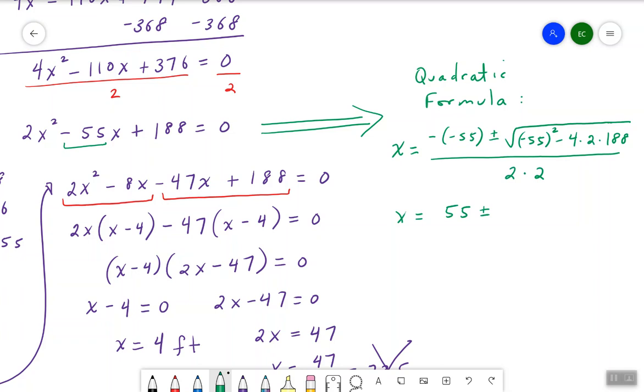And then you can go through that calculation and see that you get the same answers. Underneath the radical, you'll wind up with square root of 1,521. And then square root of 1,521 is 39.